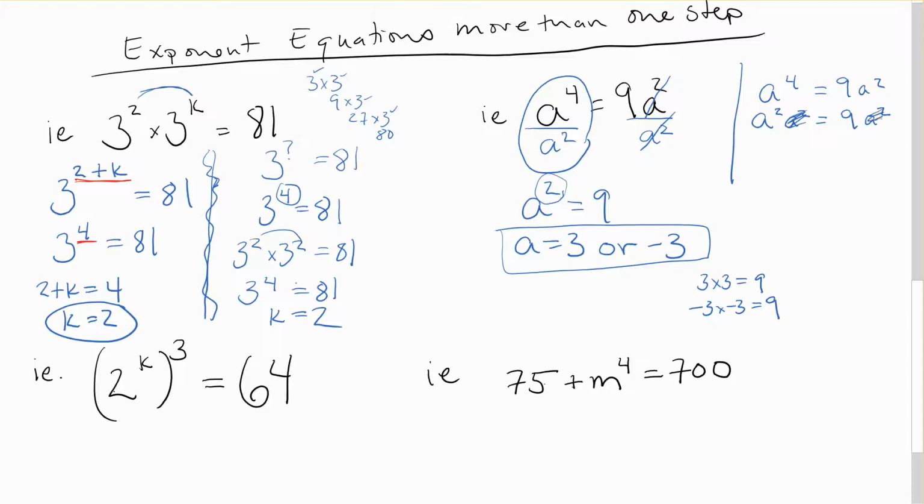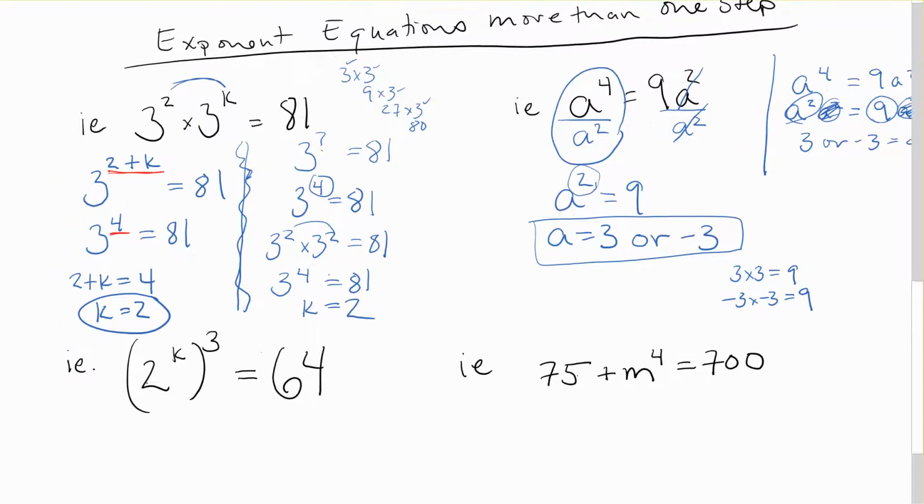Those can go away on both sides. So if these are already the same, I need to make a squared equal to 9 somehow, and how I can do that is by saying 3 or negative 3 is my solution for a. So there are always a few ways to look at these problems.